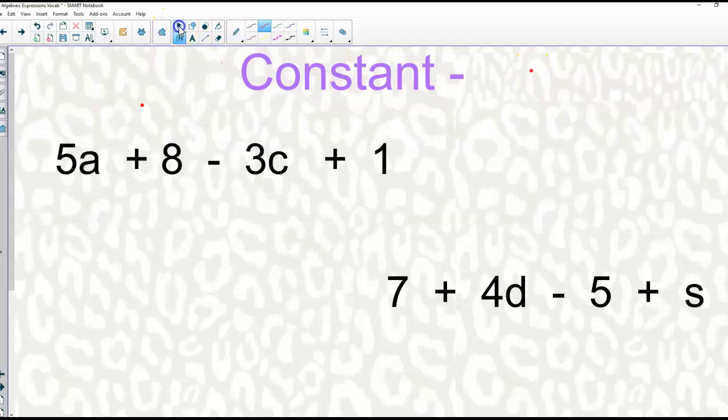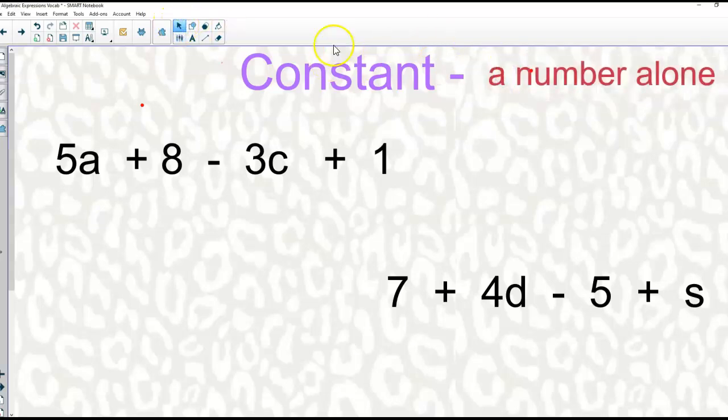But a constant is a number that is alone or all by itself. So if we look at this, this is not a number alone because it has a letter attached to it. In this term, 8 is alone. It's all by itself. So we would call it a constant. Right? So 8 is a constant. It's a number by itself.